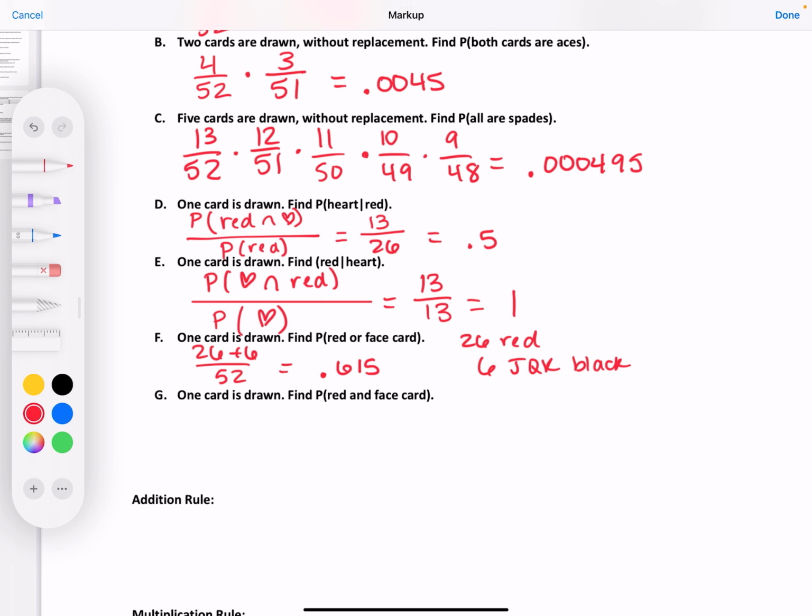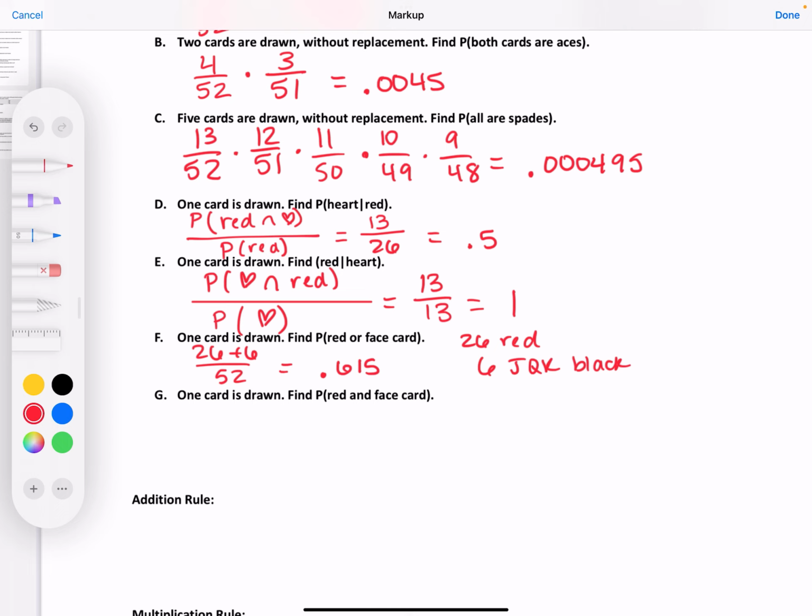All right, then the next one. One card is drawn. Find the probability that it's red and a face card. Is that literally the same question? So we're looking for the overlap.